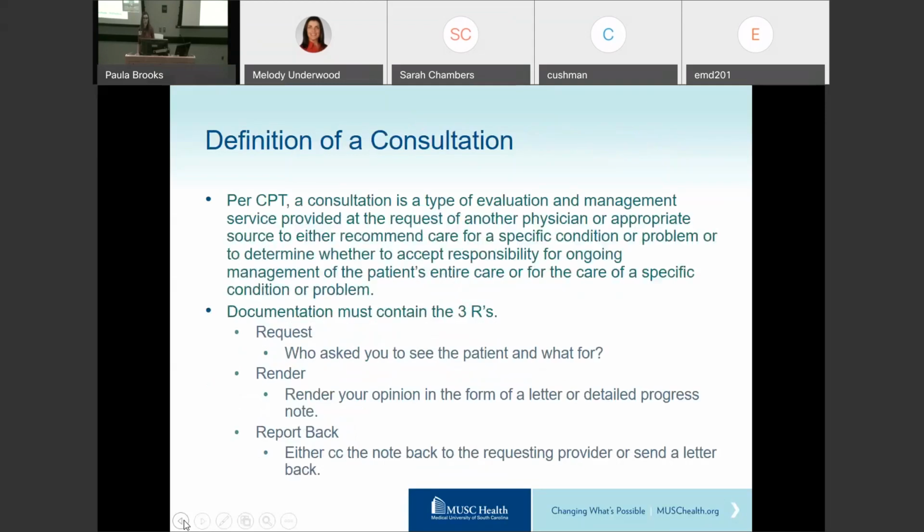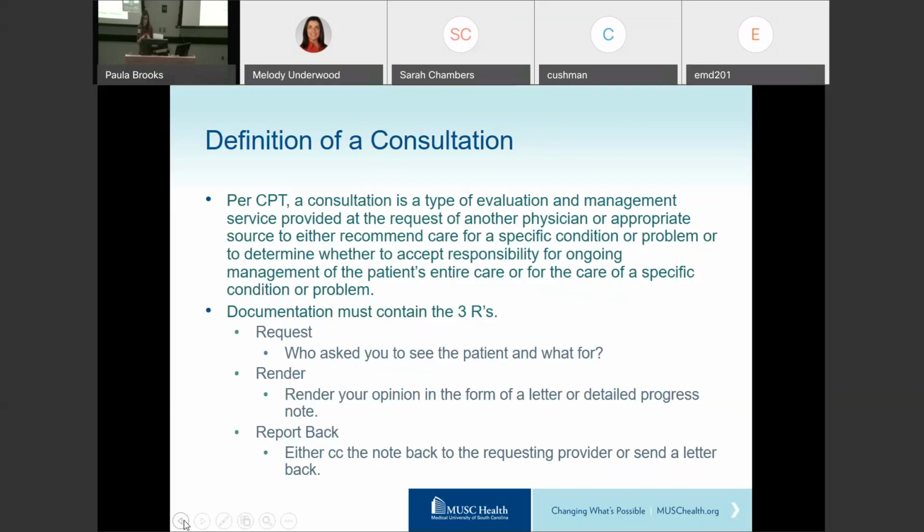So let's talk about consultations. The definition of a consultation is... first of all, let me just stress that you still need to meet your key components in order to bill the level of service.